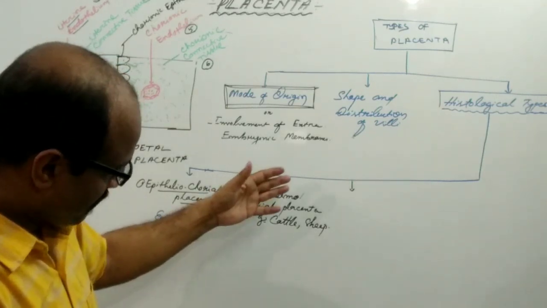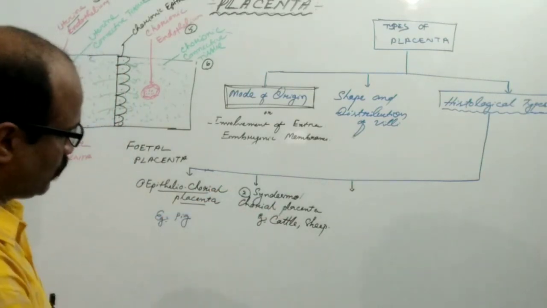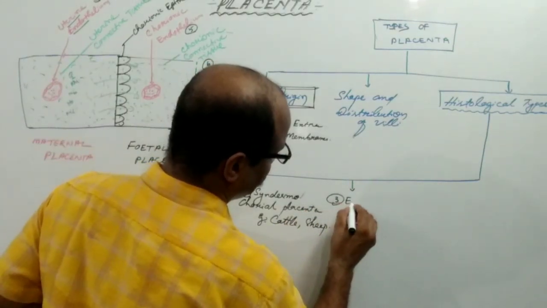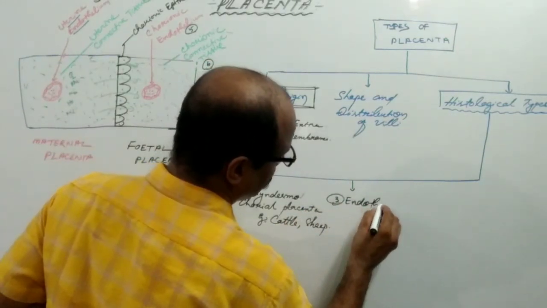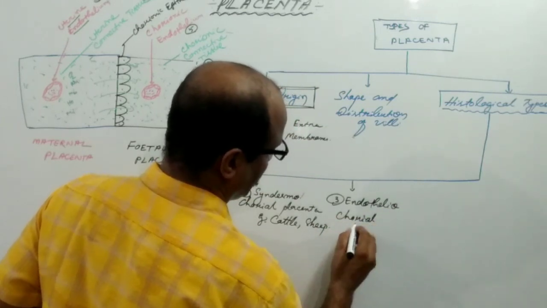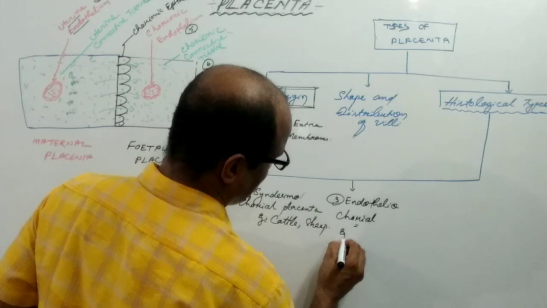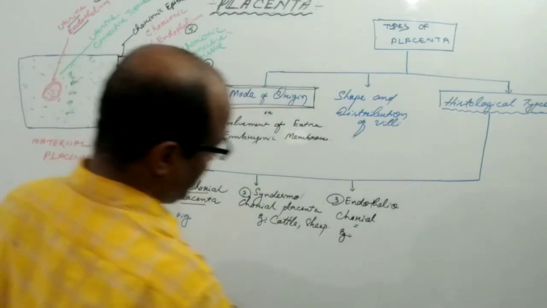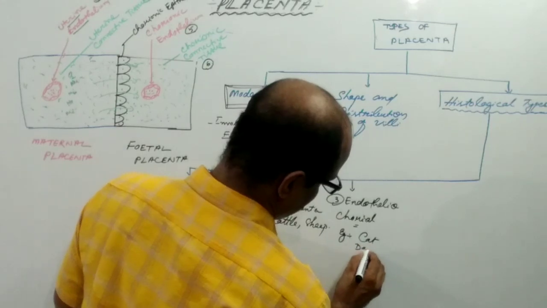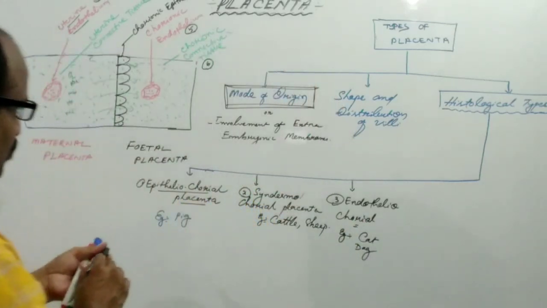Now come to another type of placenta, which is known as the endothelial placenta. The third one is the endothelial placenta, and such a type of placenta may be present in cat and in dog.